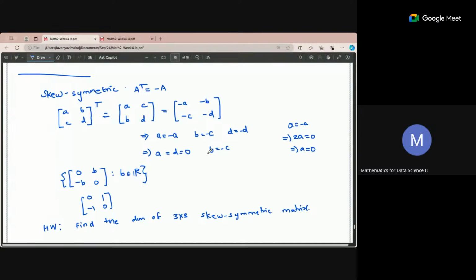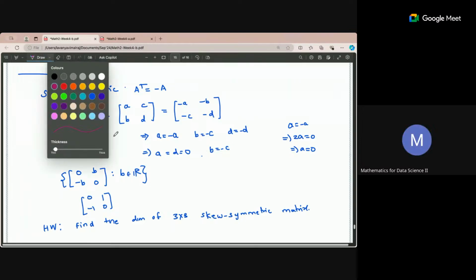So what's the doubt here? The symmetric part, the second part. You asked whether it is a subspace or not. You just have to pick two vectors from this set.